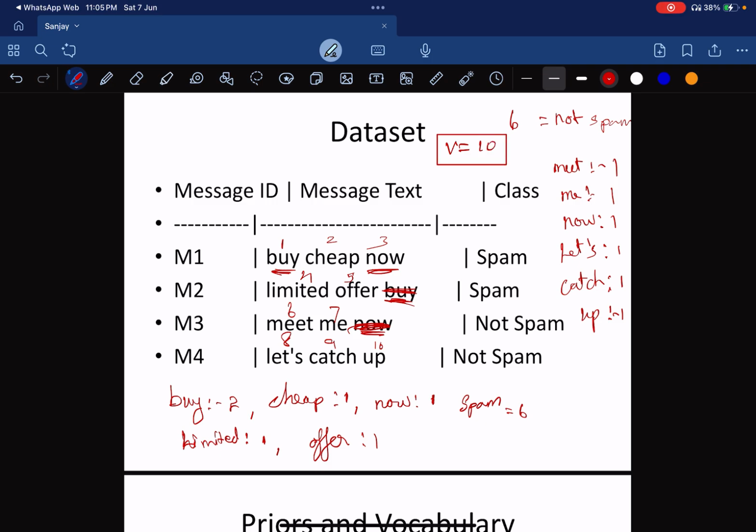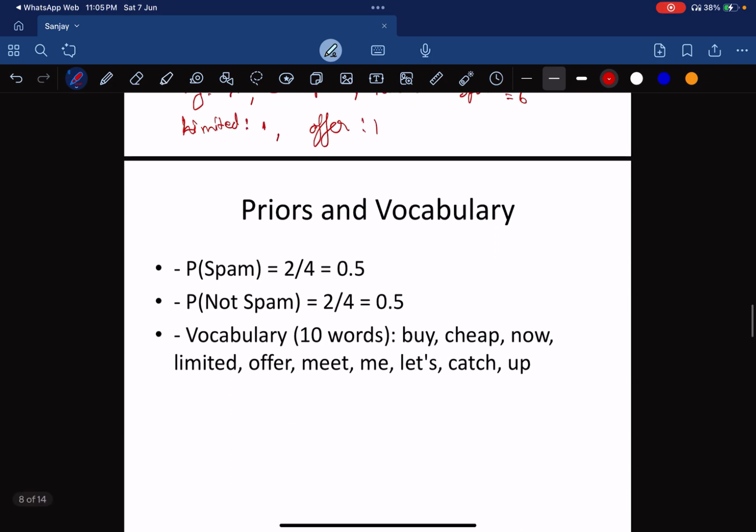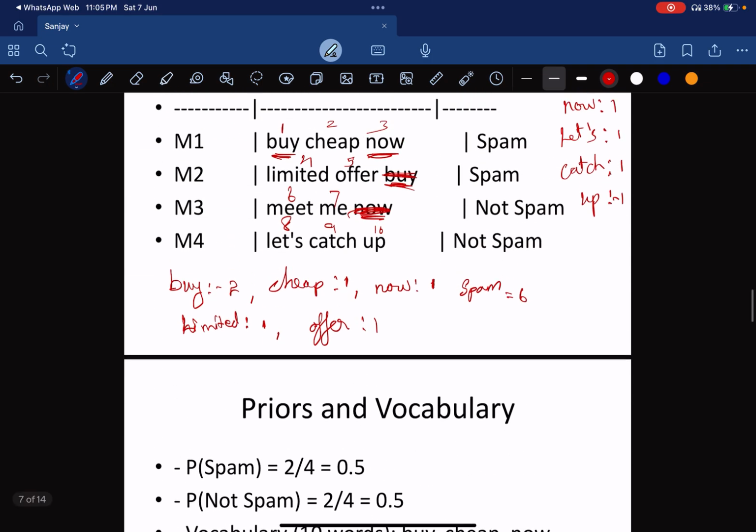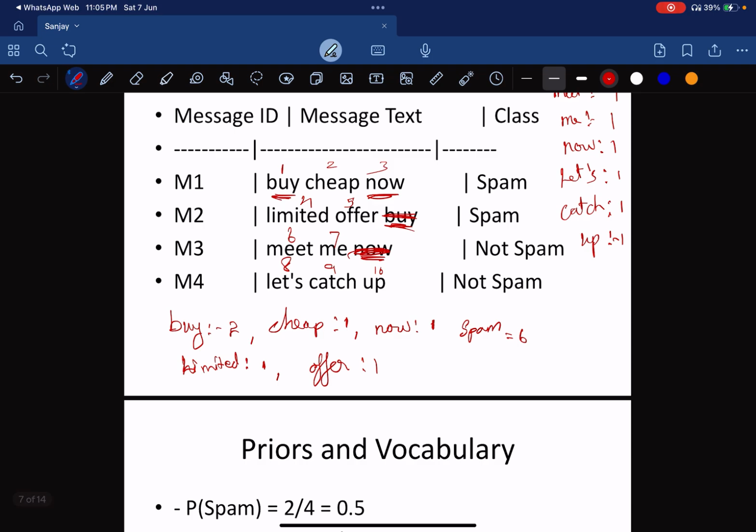So let's move on to the next step. Now we have found the frequencies and the number of words in each class. Now we want to find the probability of a spam class, like, if there is some new input, what is the probability of it being in the spam class?